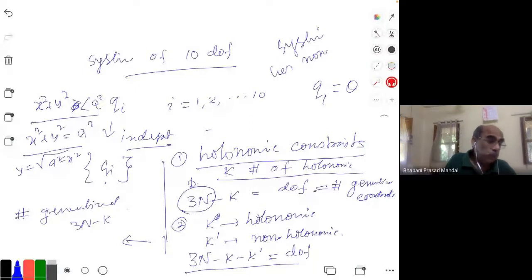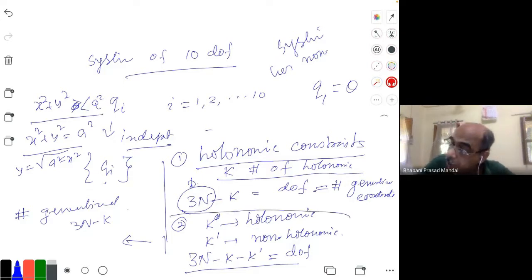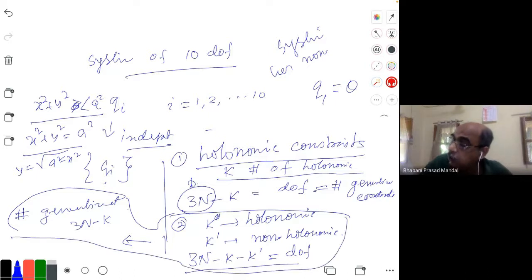I have to see the Goldstein book once. There is a little point of confusion. When you have both holonomic and non-holonomic constraints, the degrees of freedom is fine, but for the generalized coordinates I had a little bit of confusion.